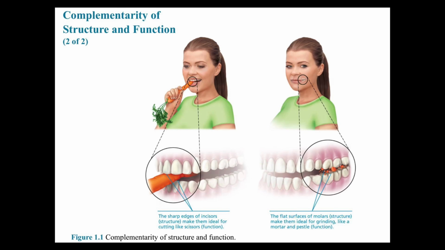An example of the complementarity of structure and function is seen in teeth. The sharp edges of incisors make them ideal for cutting like scissors, whereas the flat surfaces of molars make them ideal for grinding. It's kind of like a mortar and pestle.